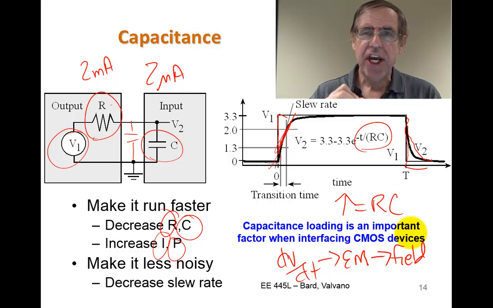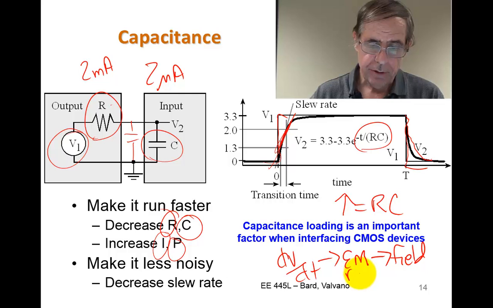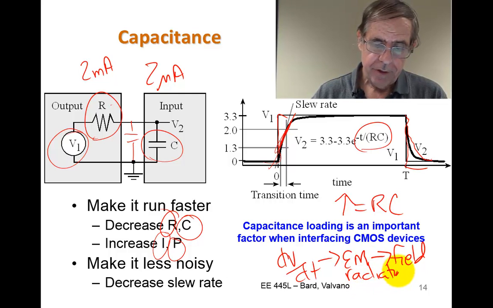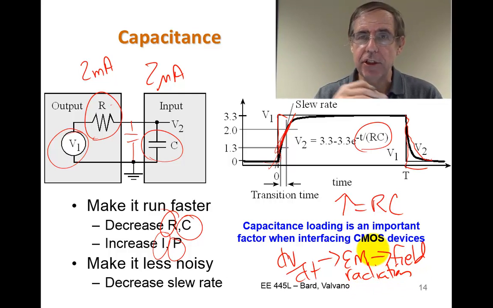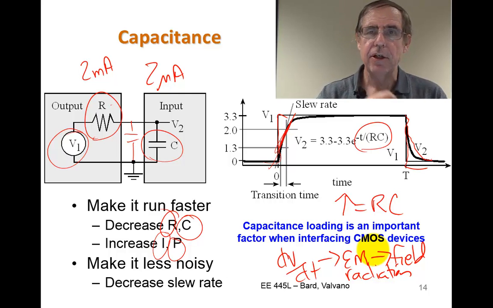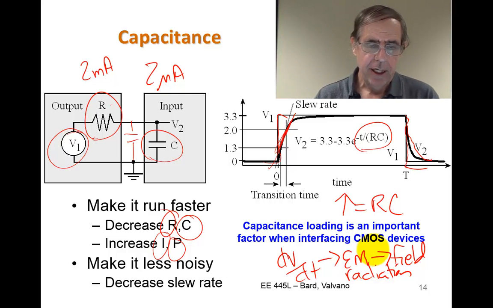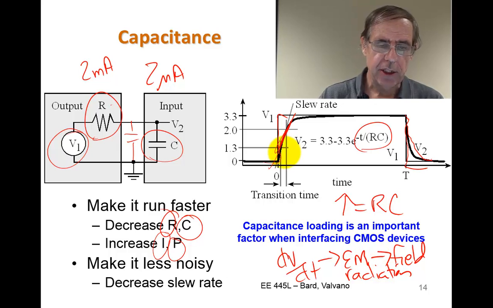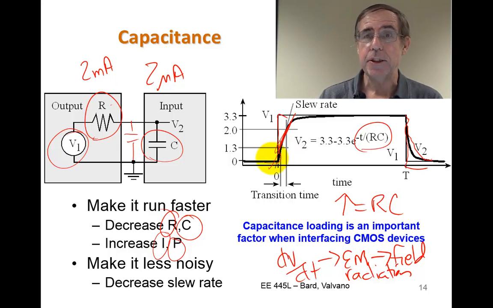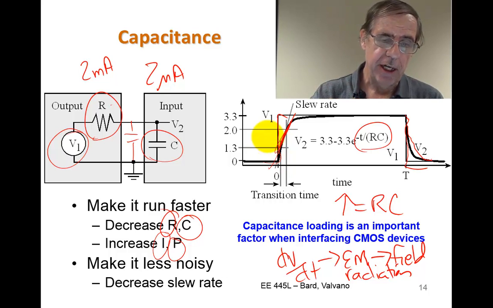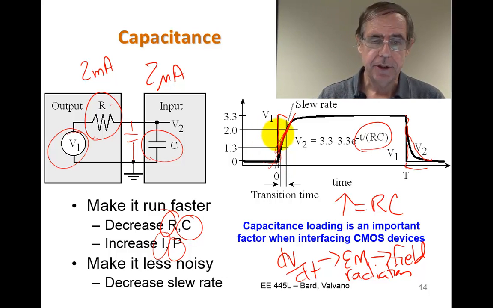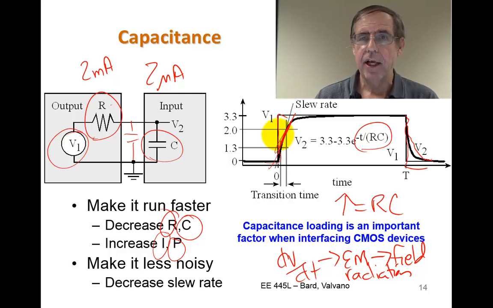So this changing voltage, this changing current is what's going to generate the radiation. The radiation noise from this line is going to propagate to whatever's next to it. And so sometimes in digital circuits, if we want to reduce the noise, we're going to reduce the speed and reduce the slew rate of these inputs so that we don't radiate a lot of noise.